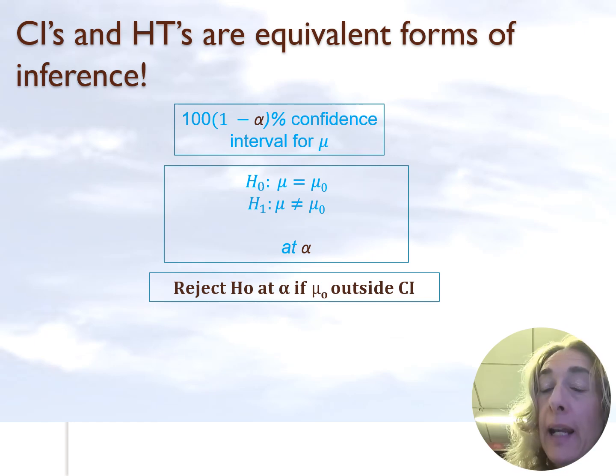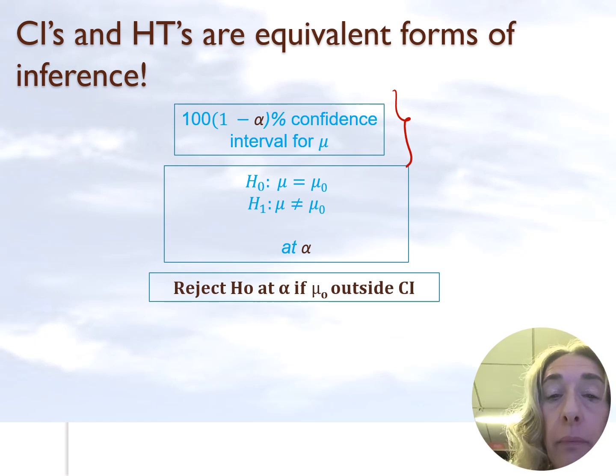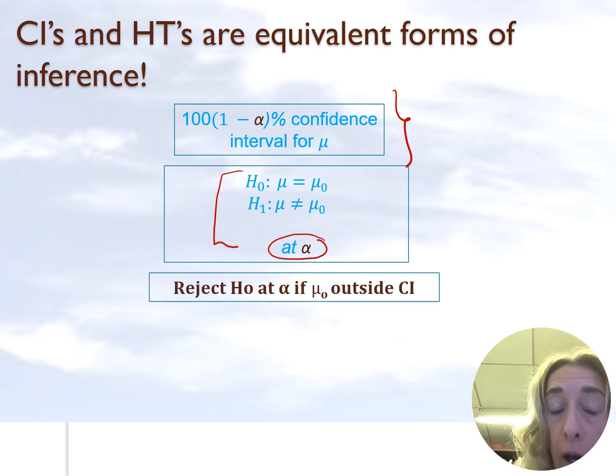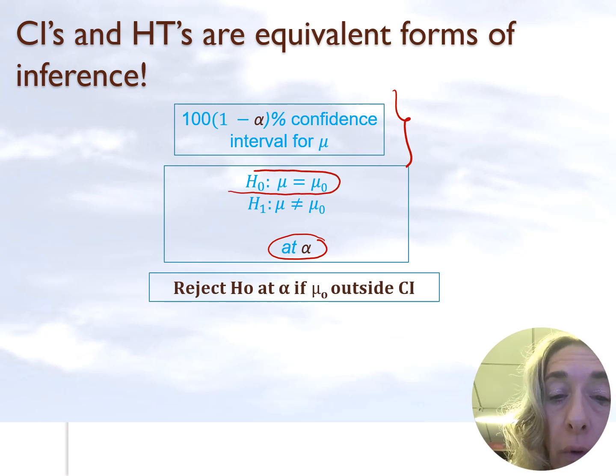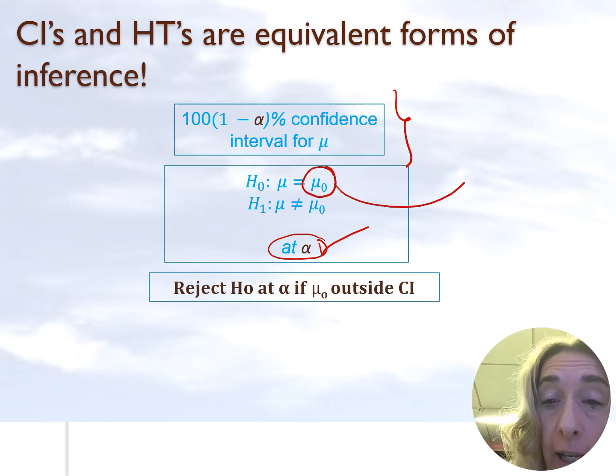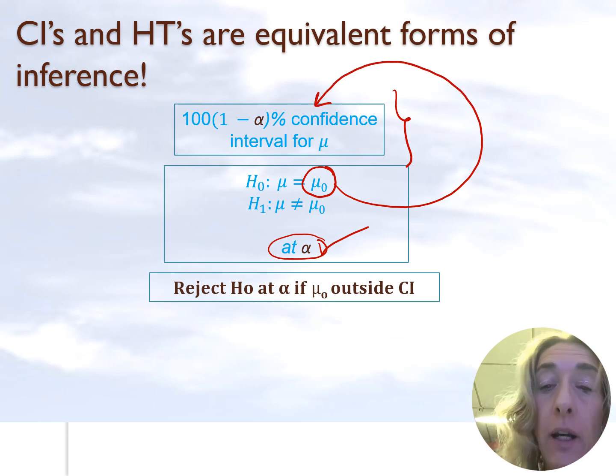Restating this again in just a bit more formal language. Since CIs and HTs, or confidence intervals and hypothesis tests, are equivalent forms of inference, that means, for your 100 times 1 minus alpha % confidence interval on mu, and given your two-sided hypothesis test on mu, mu equal mu naught versus mu not equal to mu naught, run at a significance level of alpha, we will reject the null hypothesis at that level of significance if the value we're hypothesizing for mu naught is not contained or is outside of our confidence interval.